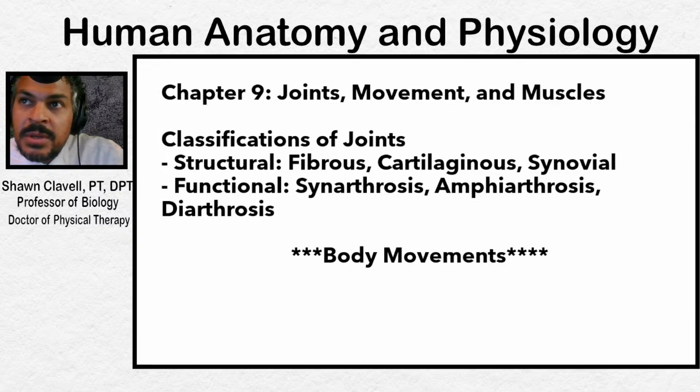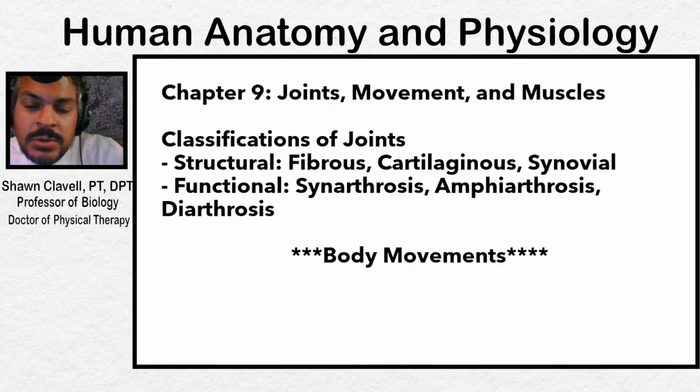A fibrous type of joint is one that's held together by dense connective tissue, primarily a ligament. Cartilaginous joints are held together by either hyaline cartilage or fibrocartilage, and synovial joints don't have anything necessarily in between holding them. There's a cavity in between there that contains synovial fluid. So ultimately, the ligaments around that joint hold it, and the synovial joints are the ones that we're commonly familiar with as the joints of movement.